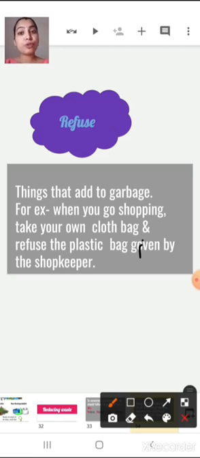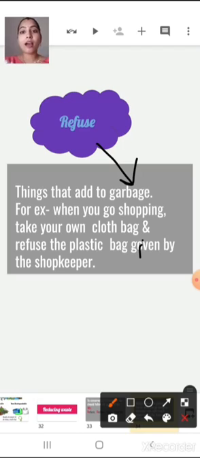Okay, we have to refuse all those things which add something to the garbage. We have to refuse using plastic bags, the plastic bag given by the shopkeeper.